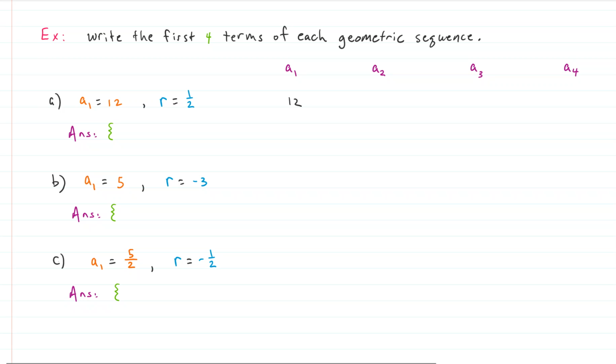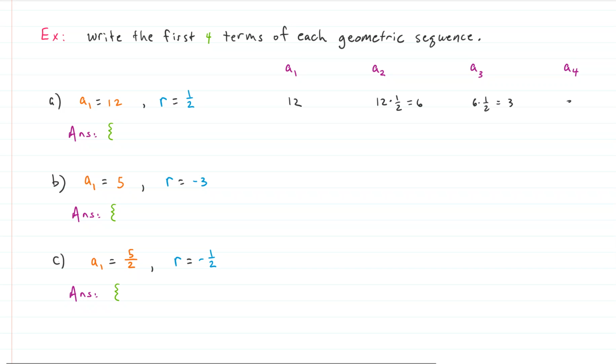The second term is the first term multiplied by the common ratio, which is 1/2. 12 times 1/2 is 6. Then the third term is the second term. We just keep multiplying by 1/2, right? So we have 6 times 1/2, which is 3.